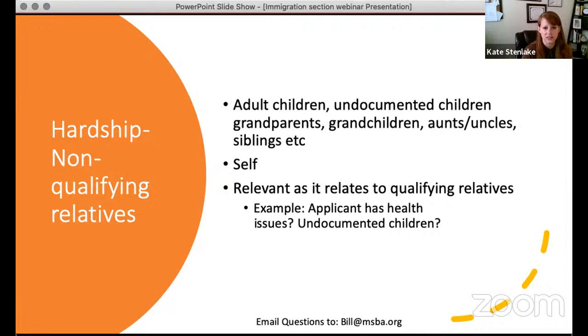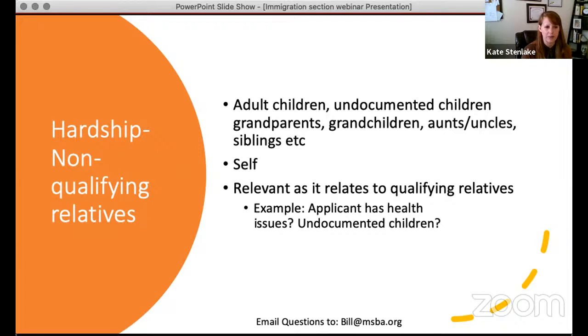So for instance, if the applicant himself has health issues, technically it's not relevant for hardship, but how does that impact the wife who is a United States citizen? Or if there are two documented children and two undocumented children, the undocumented children technically don't count, but how does that impact the documented children, the US citizen children?